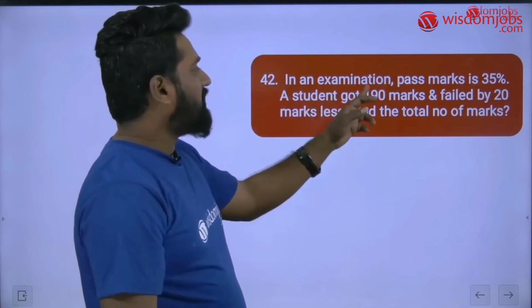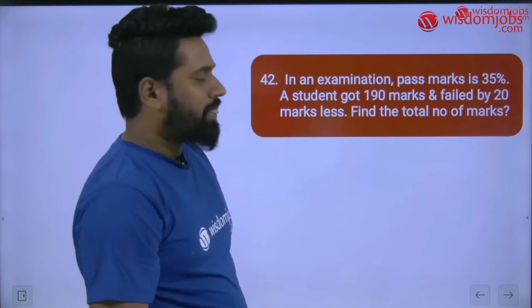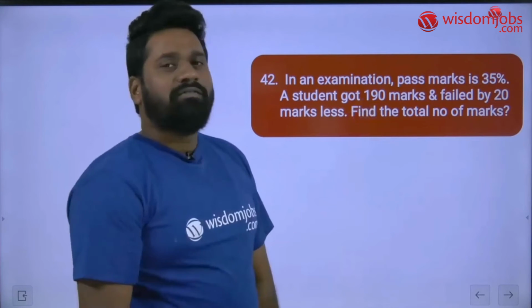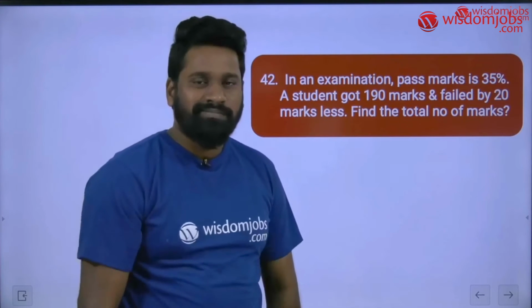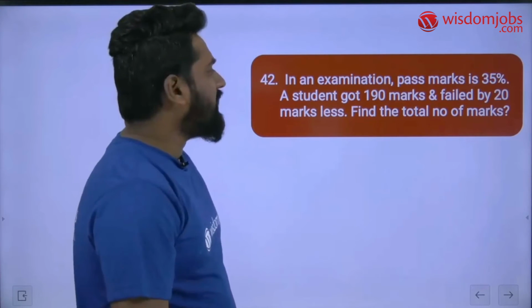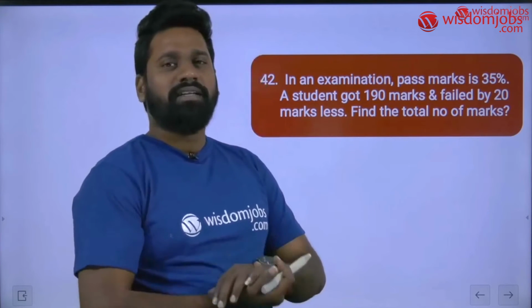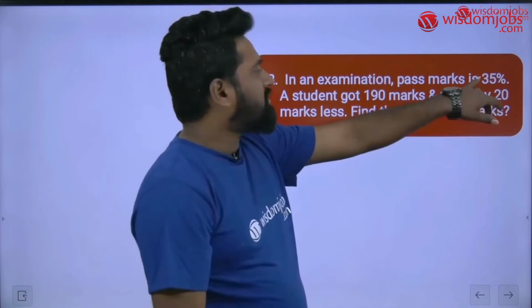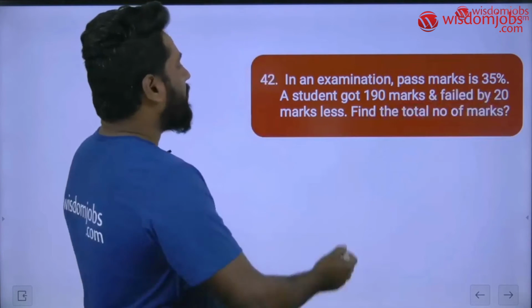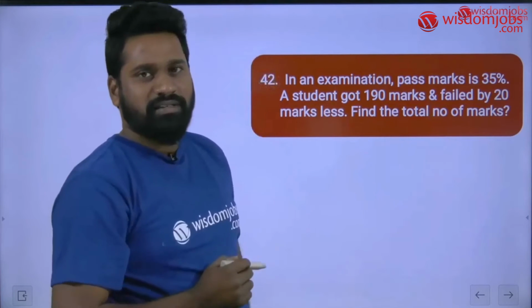In an examination, the pass marks is 35%, and a student got 190 marks and failed by 20 marks less. Now the question is, what is the total marks of the examination, or find the maximum marks of the examination. Just now I discussed, this is 35% of the marks and the student got 190 marks and failed by 20 marks.